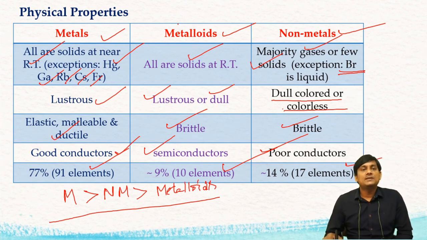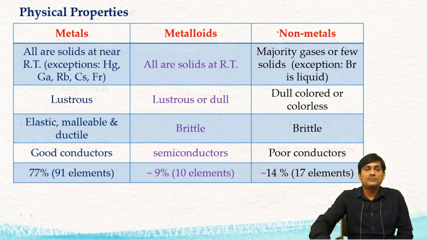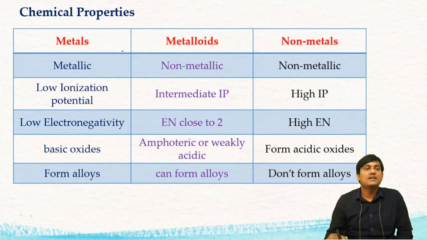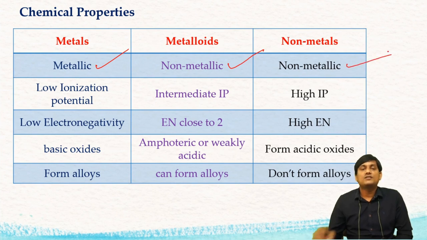If you take the physical properties of metalloids, these are mostly similar to the metals, but the chemical properties are mostly similar to the non-metals. Let us compare chemical properties. Metals are metallic in nature, and metalloids and non-metals are non-metallic. Metals have low ionization potential. The ionization potential of metalloids is in between metals and non-metals.